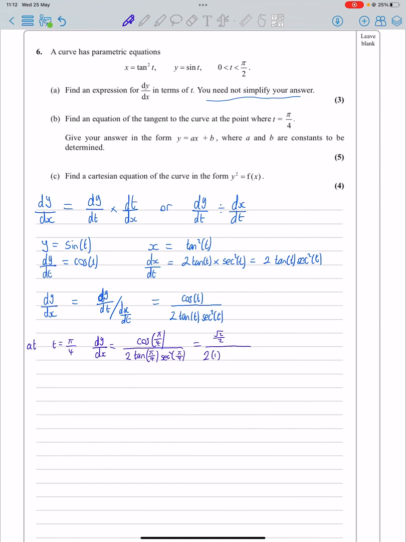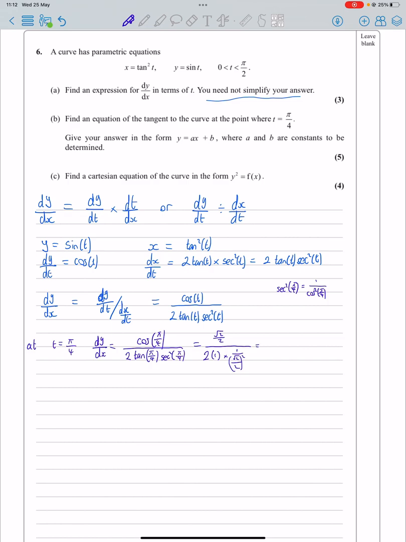And sec squared of pi over 4 is the same thing as 1 over cos squared pi over 4. Bear in mind that cos of pi over 4, as we discussed before, is root 2 over 2. So we're multiplying that by 1 over (root 2 over 2) squared.